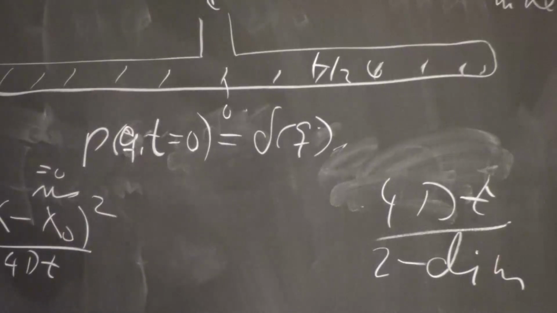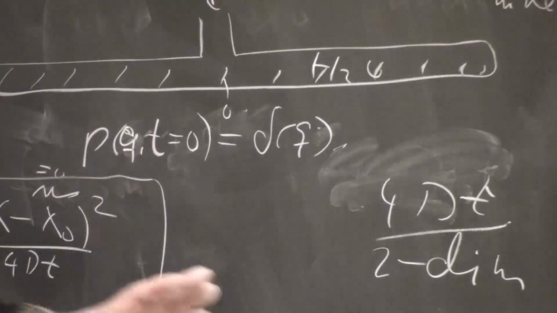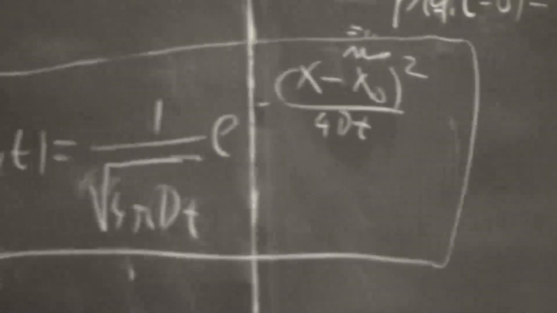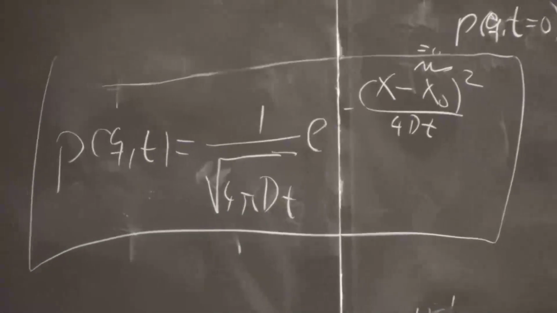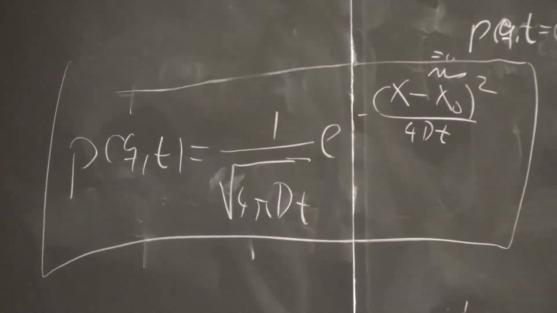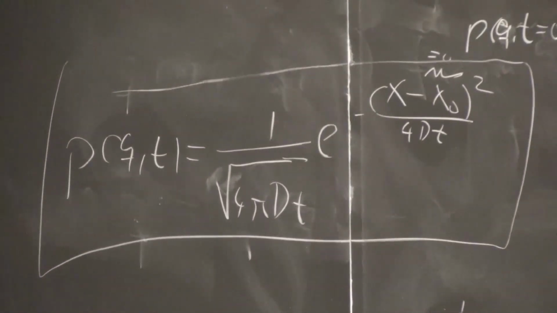This is a very famous diffusive spread, and you put it into the equation that we wrote there, the Einstein diffusion equation. You show it's a solution. Very easy to do. You do the time derivative on the left, you do the second derivative on the right, and you find the terms just balance out completely.